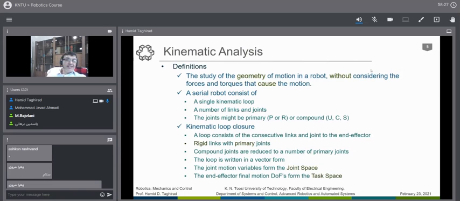We are considering the geometry of the motion without considering the forces and torques that cause the motion. We are not talking about how this motion is happening and how much force and effort we should put in to make it happen. We just consider that the motion has happened and we would like to describe the motion.